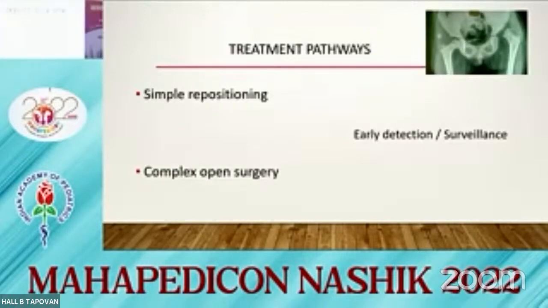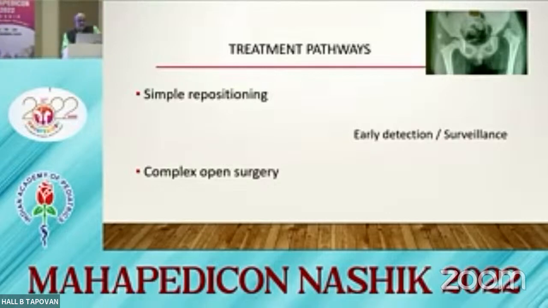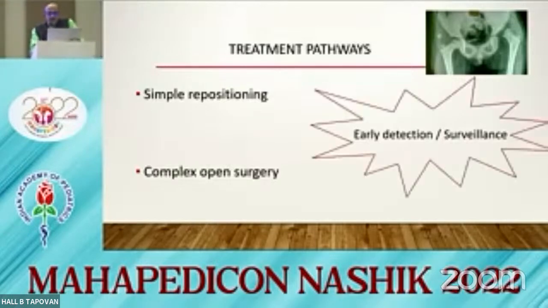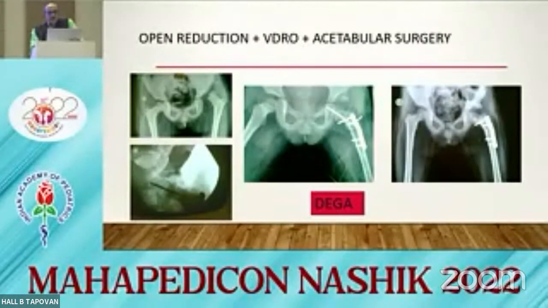If you see the treatment pathways in DDH, you will see that it's either complex open surgery in our country, simply because there is no early detection or surveillance. If we do early detection or surveillance, then we are likely to be able to treat it by simple methods of repositioning.